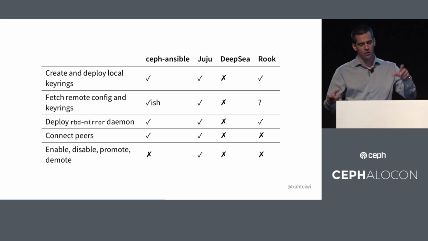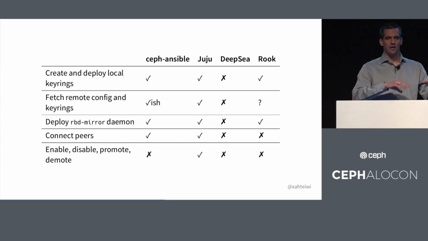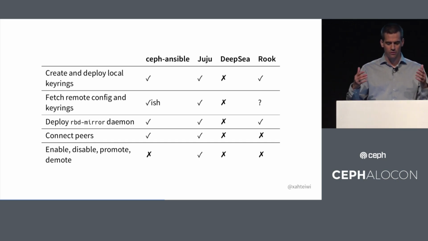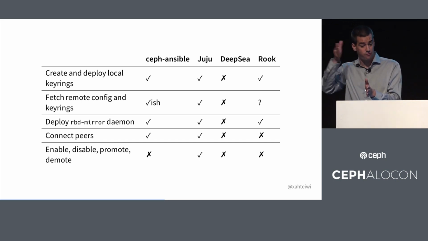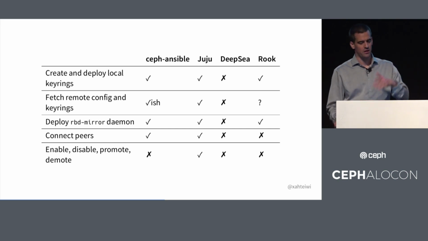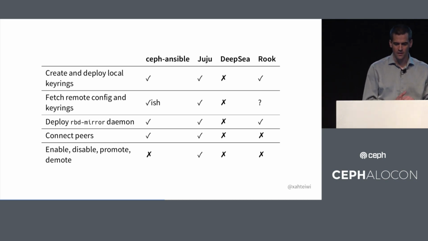And with Nautilus, with the stateless RBD mirror daemons, there's a lot less to worry about with key exchange and so on. So basically, from SES6 forward, as I understand it, you don't really need DeepSea to manage RBD-mirror because Ceph by itself and the dashboard can essentially do it quite nicely themselves.